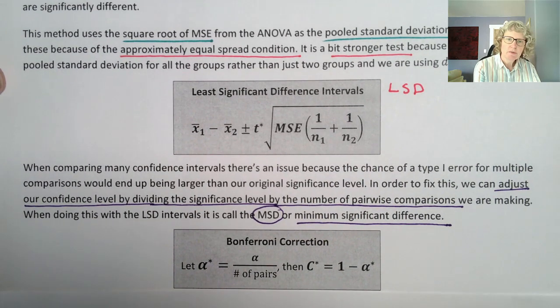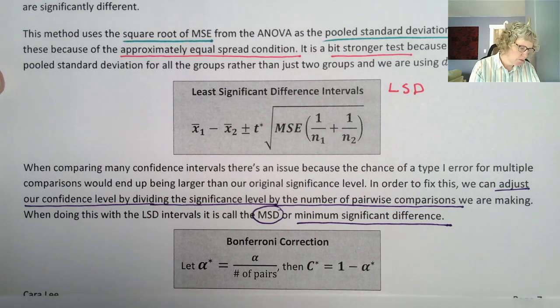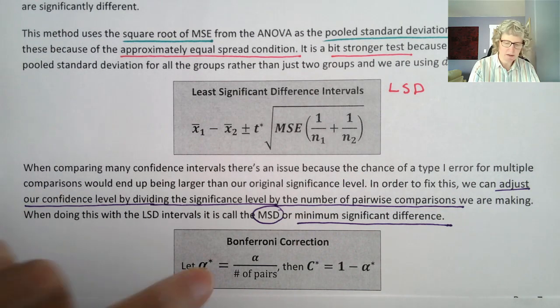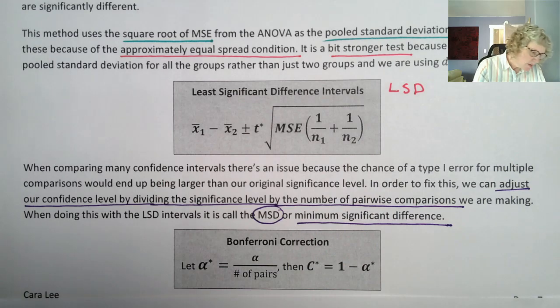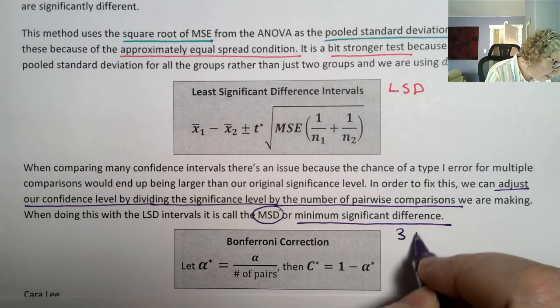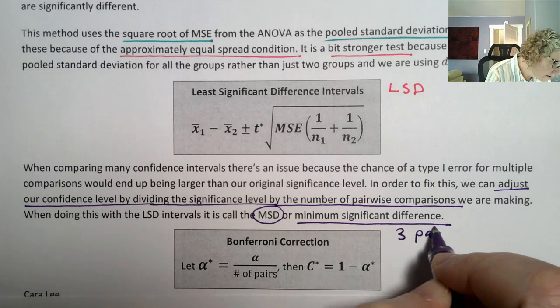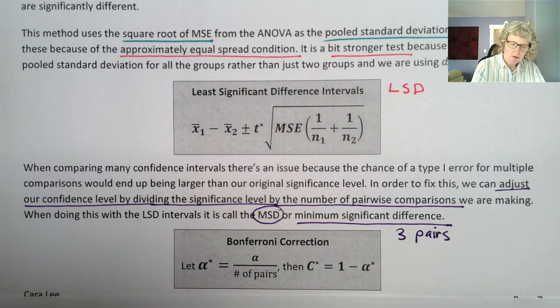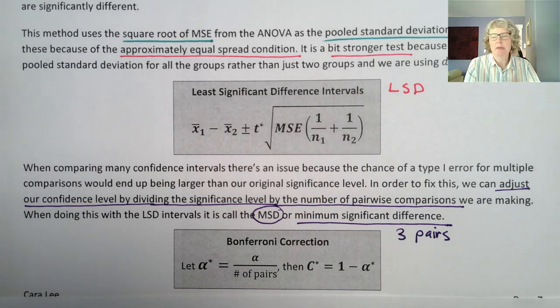So in this case, we had 3 pairs, right? So we're going to have an alpha star. So it's a little different alpha. So we had 3 pairs, or 3 intervals, and you'll have a different number, so you can always run it and see how many you have, because there's a formula for that, but we don't need to go into that.